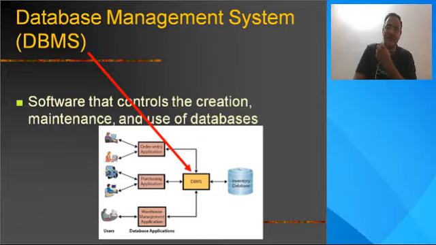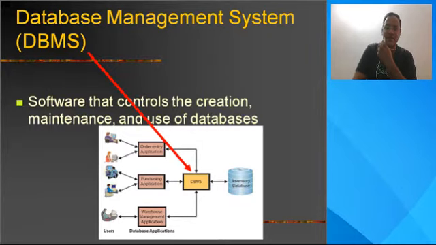Every request from the applications, or the users and customers, is sent to the DBMS, and from the DBMS that request is transferred to the database, where the data is actually stored. If the data is accessed through the DBMS, the request is responded to the applications, customers or users.